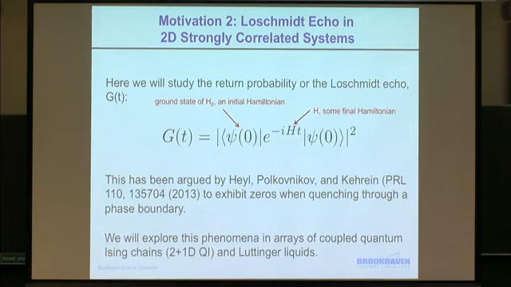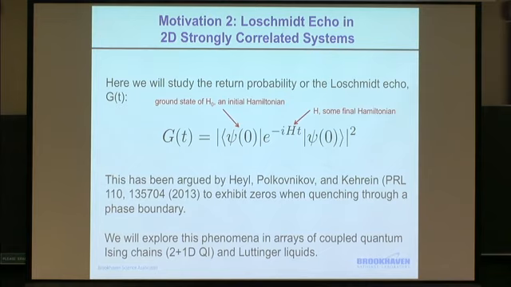The Loschmidt echo arises in the context of quantum quenches, where you imagine having some state of some initial Hamiltonian, typically the ground state, but it can be any eigenstate, and then you suddenly switch the Hamiltonian at time t equals 0 and evolve this state, which is no longer an eigenstate of the system, with some new Hamiltonian. And then you ask the question, when does the state under this time evolution return to itself? And this quantity is called the return probability.